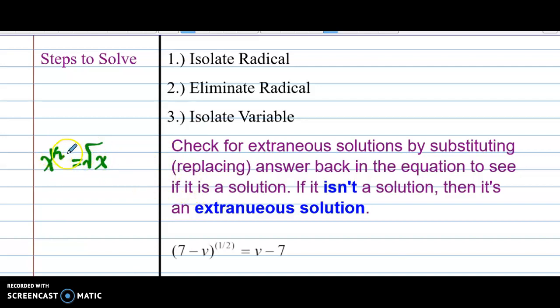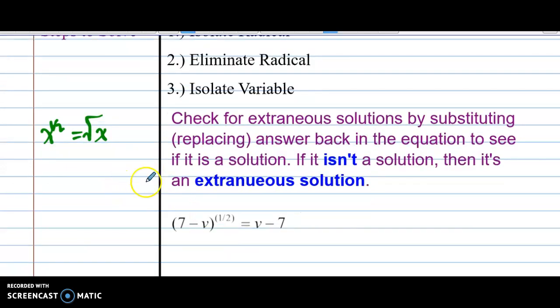The reason we're reviewing this is because now we have the problem 7 minus v to the 1/2 power equals v minus 7. It's easier if we rewrite it in terms of a square root: the square root of 7 minus v equals v minus 7.